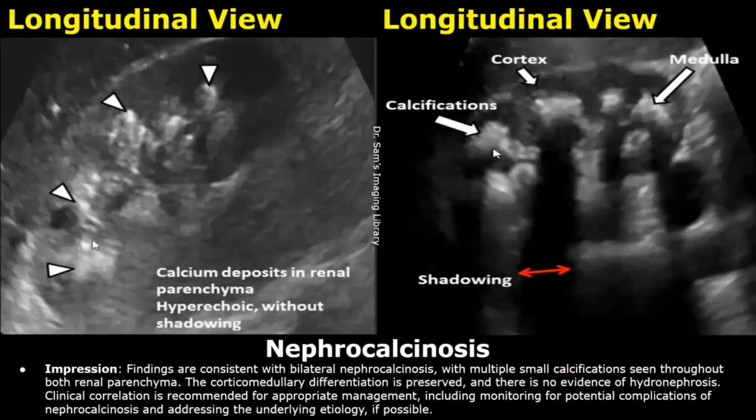In the impression, you can write findings are consistent with bilateral nephrocalcinosis with multiple small calcifications seen throughout the renal parenchyma. The corticomedullary differentiation is preserved in this case, and there was no associated hydronephrosis. And in the end, it is important to write about clinical correlation.